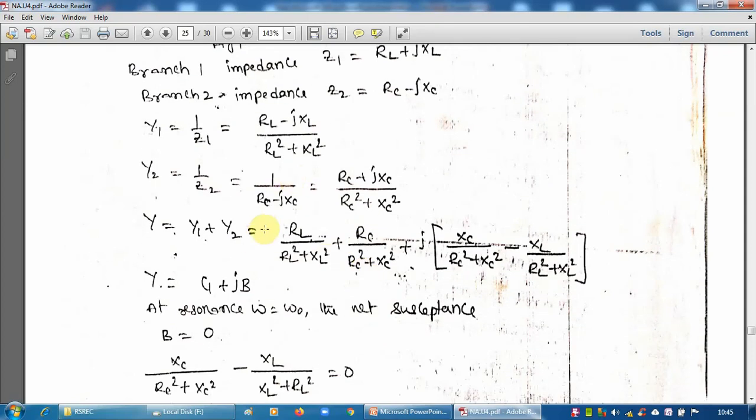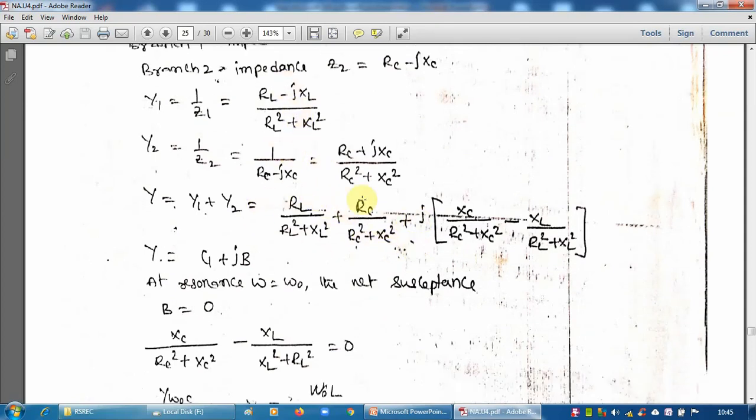Here also, if we sum up these two and simplify, we will get the real term as this, and the imaginary term as this. So this is the total admittance of the circuit, with the real term G equal to this and the imaginary term B equal to this.